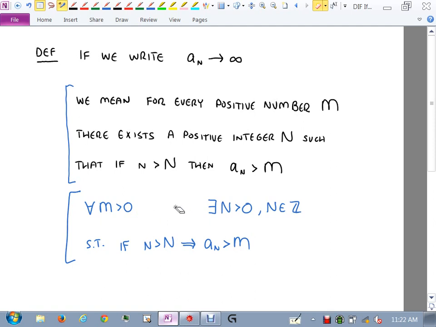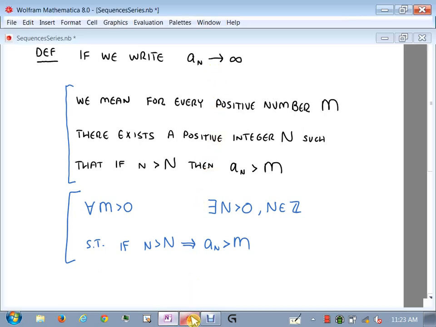For every positive number M, there exists, as a backwards E like this, a capital N, which is a positive integer, such that if little n is bigger than capital N, a sub n is greater than capital M. What does that mean? We're trying to explain to people what it means to say that a sequence goes to infinity. For us, we just think about it visually, it goes up, right? The dots start going up forever. But here's the visual of this.